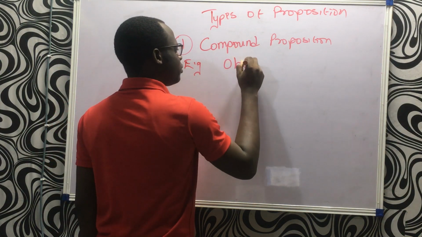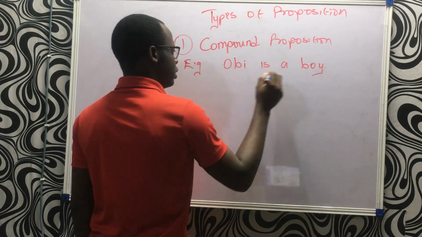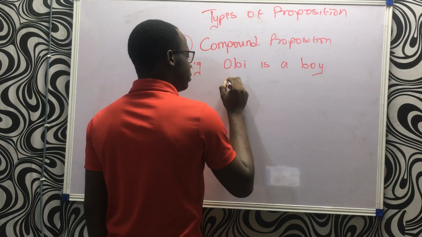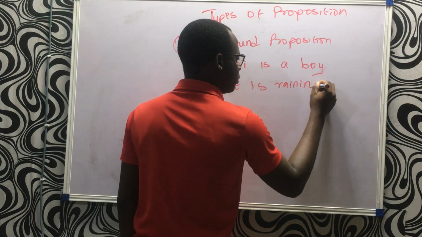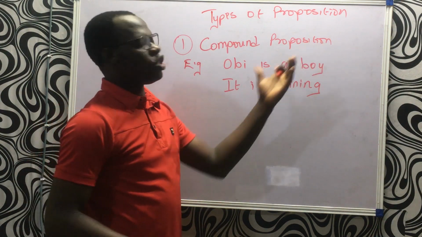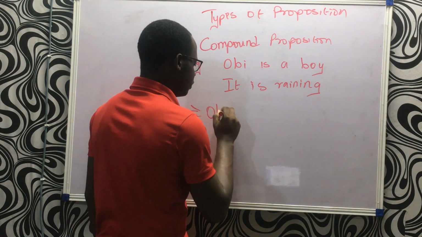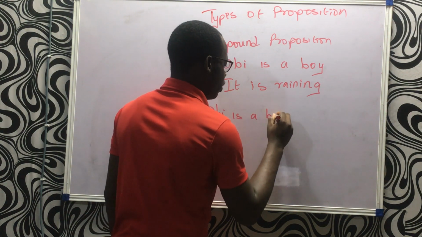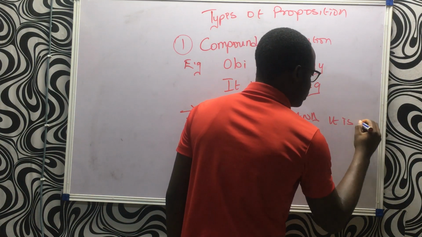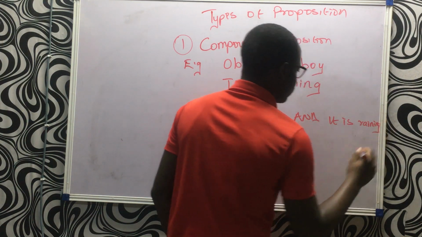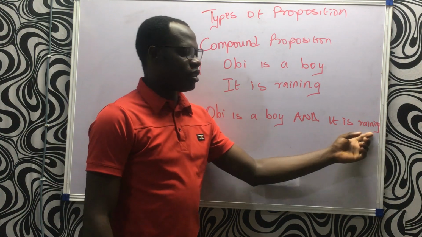We said Obi is a boy, and then we also have it is raining. Now to get a compound proposition from these statements, it becomes Obi is a boy and it is raining.